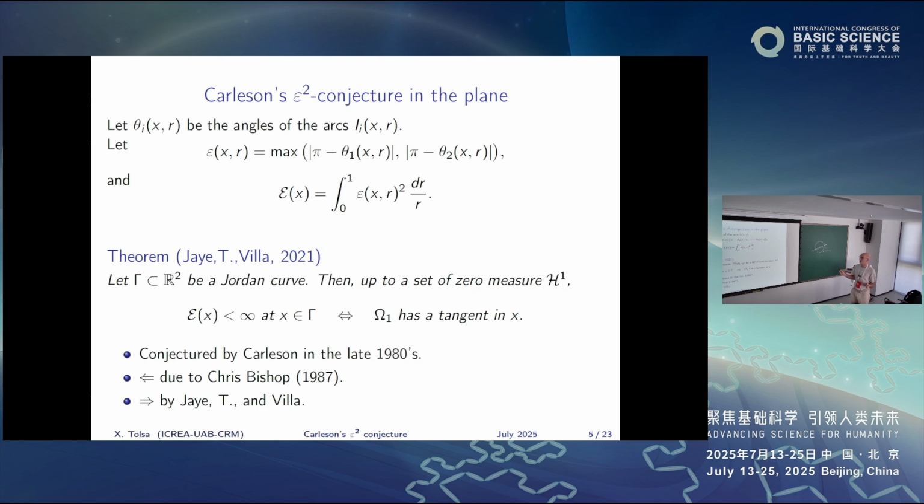So except for a set of 0 points, this is a double implication. So one characterizes the existence of tangents in terms of this analytic property.